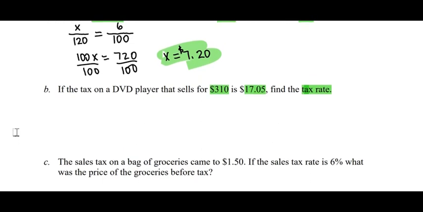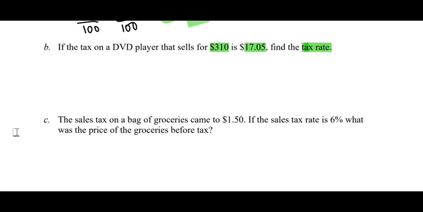Maybe not. We'll do the next one. All right, so let's keep doing what we were doing. So here we are, over 100. If the tax on the DVD player that sells for $310, so that's your of, is $17.05, find the tax rate.